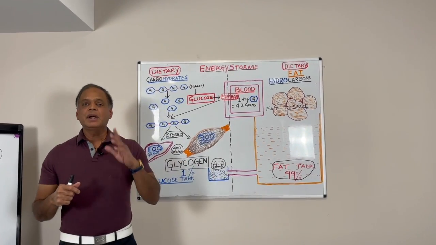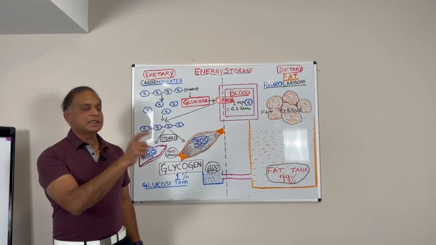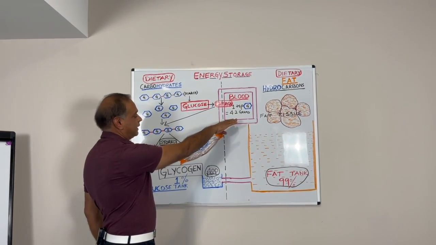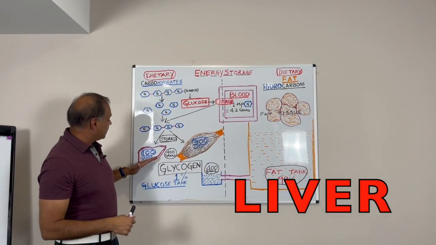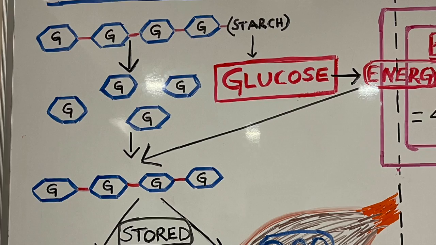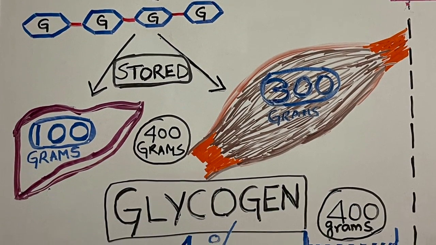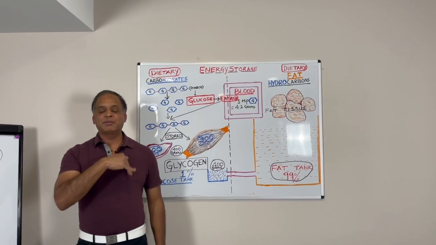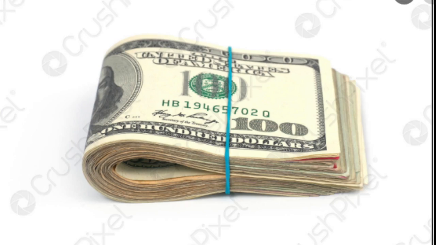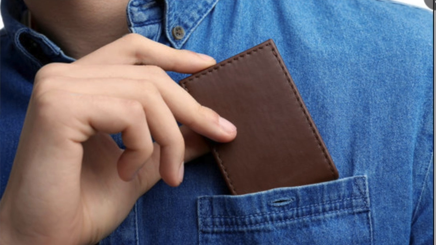Imagine our first pocket of energy, where it is stored once the blood is full with 5 grams, is the liver. The capacity of the liver is 100 grams of glucose, put in the form of glycogen, which is chains of glucose put together. Your top pocket money, we can imagine as the liver, with about 100 grams capacity.